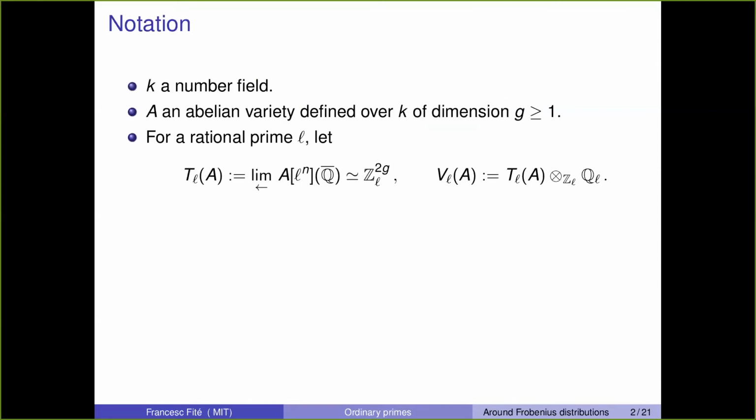So let me start by fixing some notations. Throughout the talk, A will be an abelian variety defined over some number field K of dimension g.